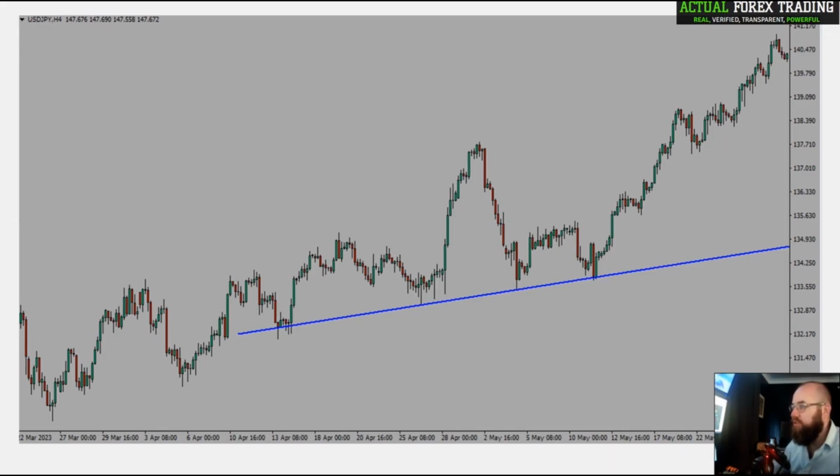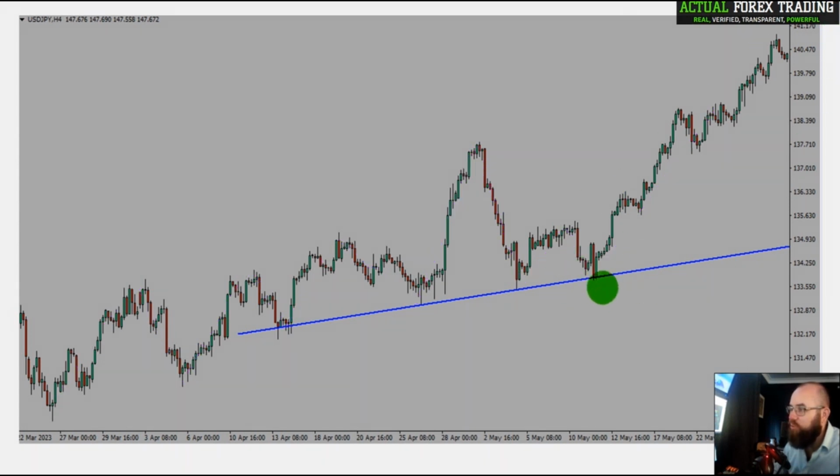So this is US dollar Japanese yen. It is the 4-hour time frame. You can see that at the top left here. We have a diagonal support. So you can see every time price reaches this area, it reverses. So we have an uptrend here with higher highs, higher lows, and we can connect a number of these lows together to form this diagonal support area.